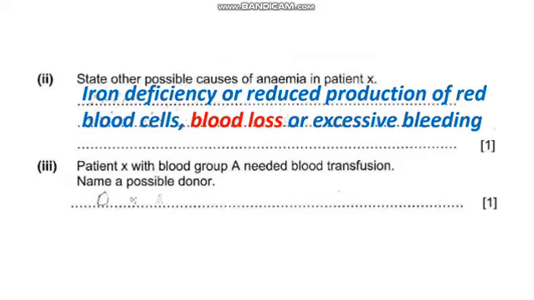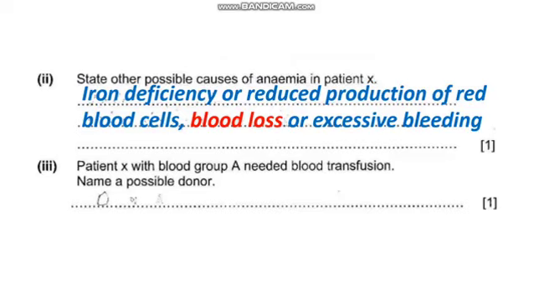So blood transfusion is just the transfer of blood from one person to the bloodstream of another person. Okay, so the person who gives blood is called the donor, and the person who receives the blood is called the recipient. So here we are told that this person X had blood group A, okay, and he needed a donor. So name a possible donor.